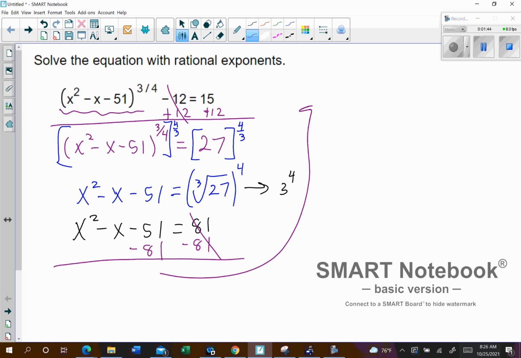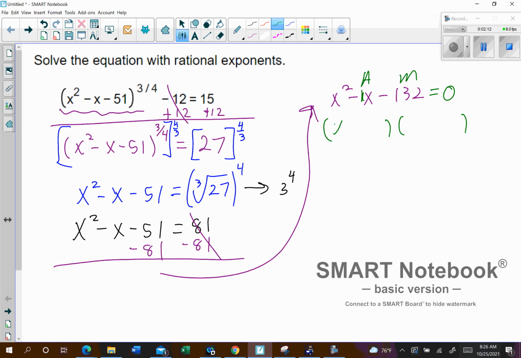So we're left with x squared minus x minus 132. Now we're playing that game, the A and M game. What multiplies to negative 132 but adds to negative 1 in the middle? You might have to play around with it a little bit, but I think it's going to be 12 and 11.